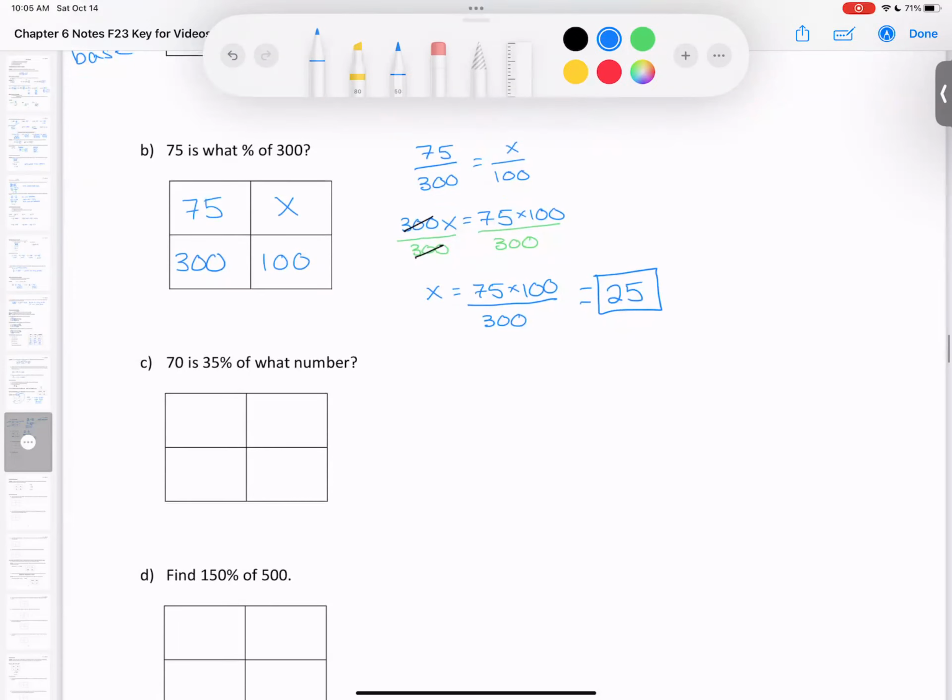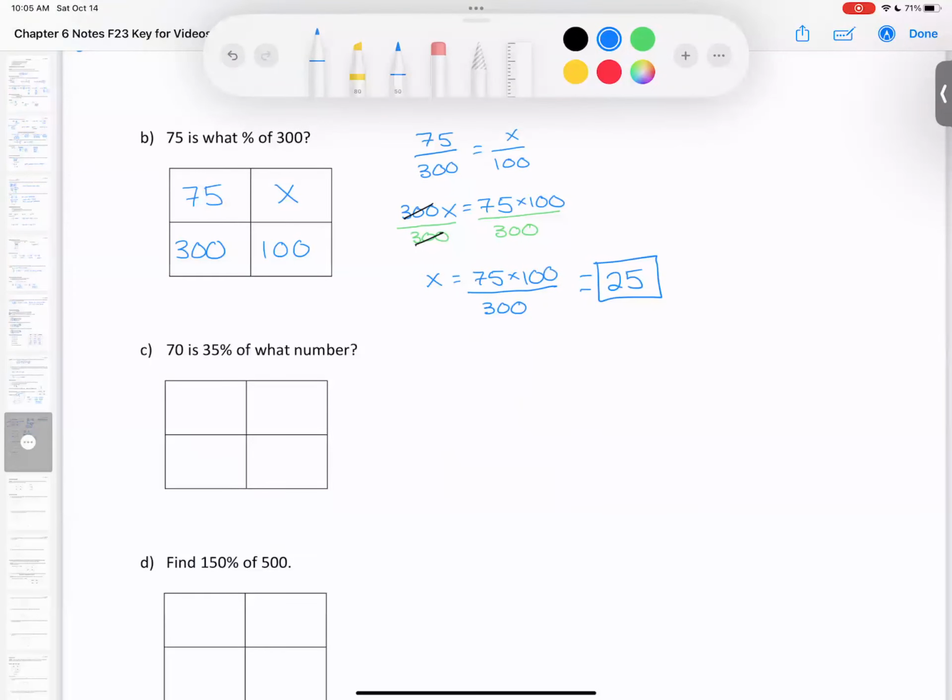All right, let's do C together now. So we have 70 is 35% of what number? So 70 is our amount. 35 is our rate, that's out of 100. And it's of what number? So our x, or our unknown, is the base. So when we set up our proportions, we have 70 over x equals 35 over 100.